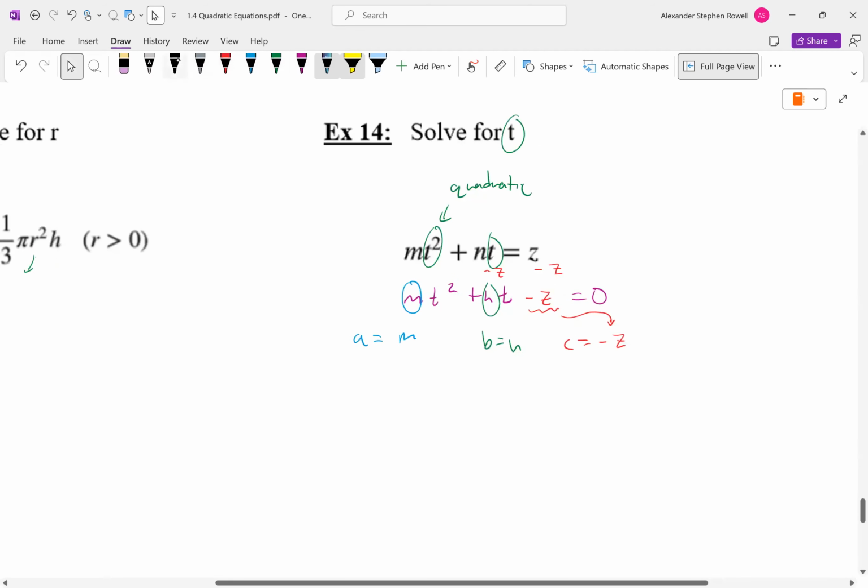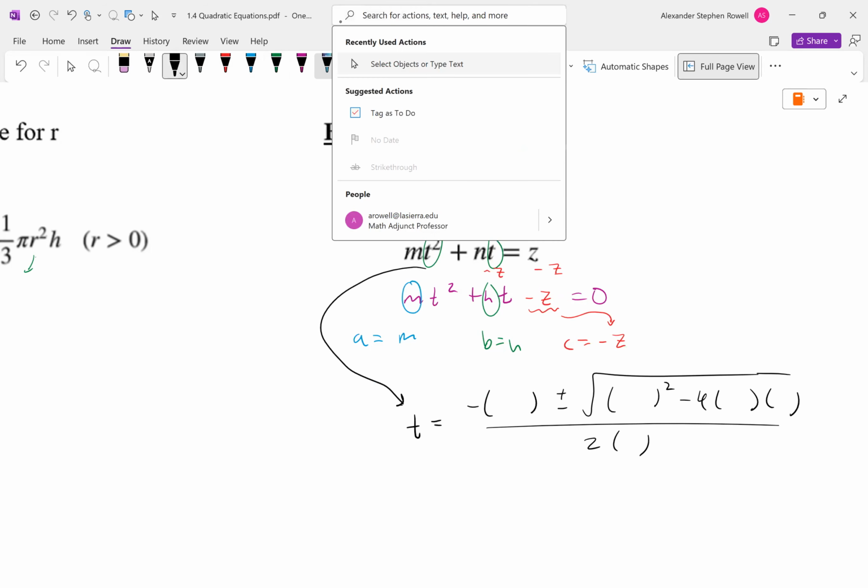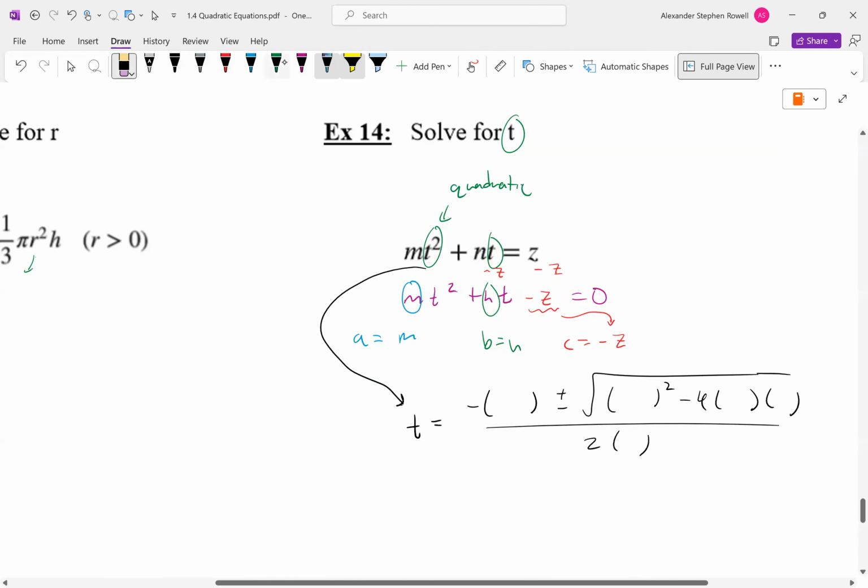Okay, so I use the quadratic formula. What am I solving for? t is equal to negative b plus or minus the square root of b squared minus 4ac all over 2a. So let me make sure I color code this right. b is n, so I'm going to plug in n in green. Then a is m.